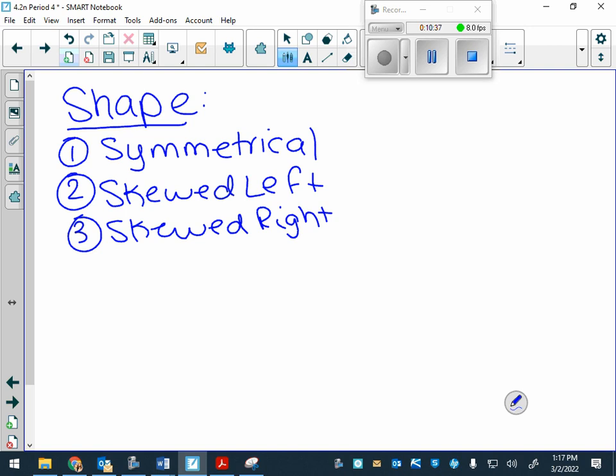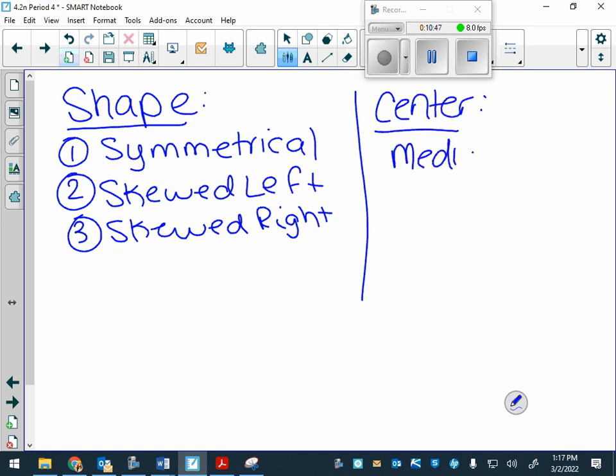Okay, then if it's asking for center, you're either going to look at the median or the mean. If it's skewed, which one are we looking at? What would be a better representation? Nolan? The median.